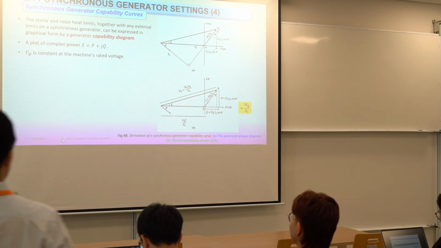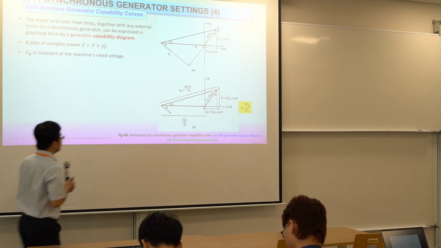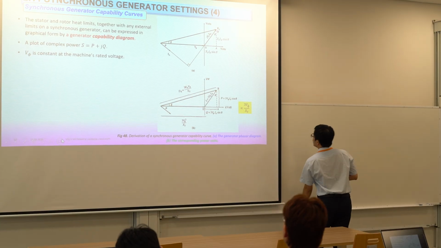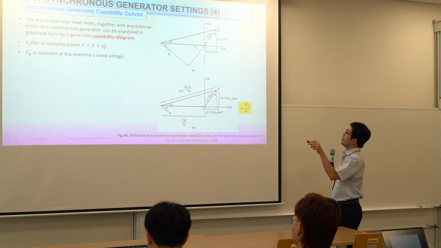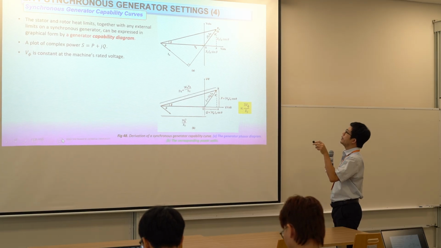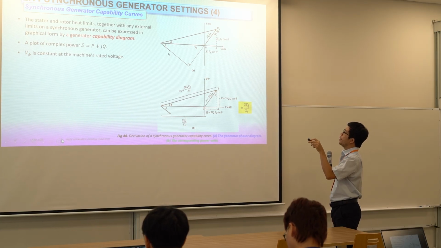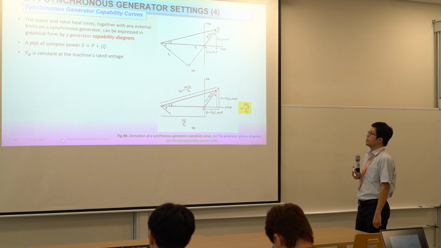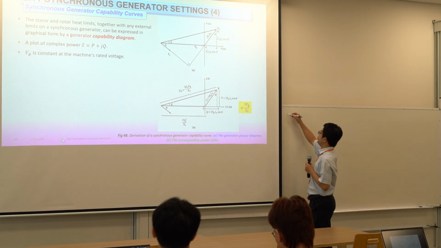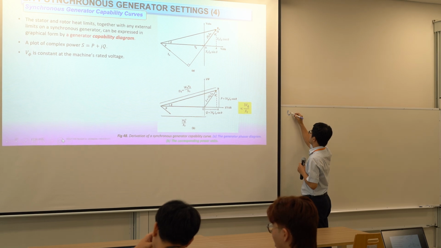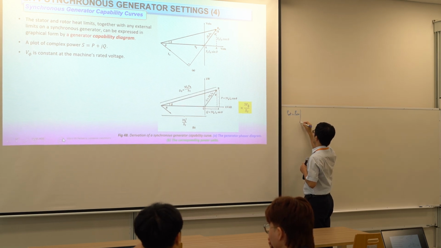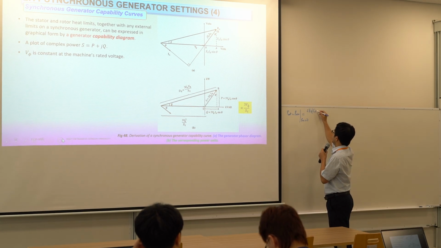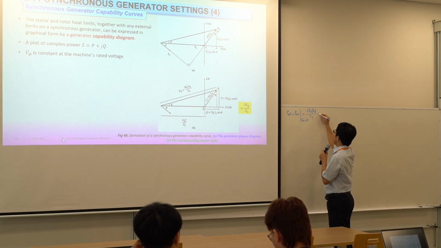Okay, so now look at the bottom diagram. Now I would like to multiply all vectors here by 3V phase over XS. Why? Because if we go back to the theory, we have P out equal to P converted, if RA is 0, equal to 3V phase EA over XS times sine delta.